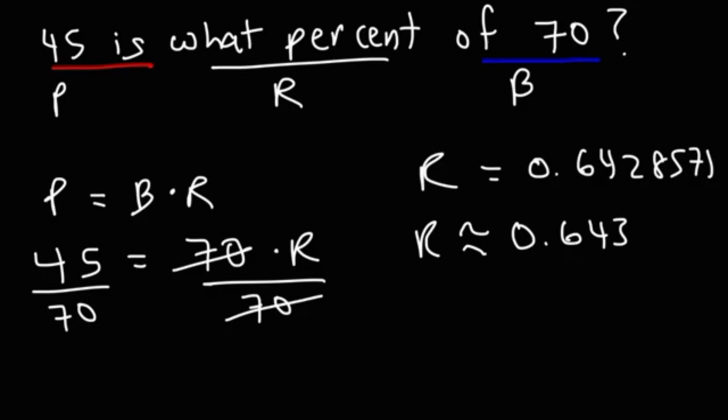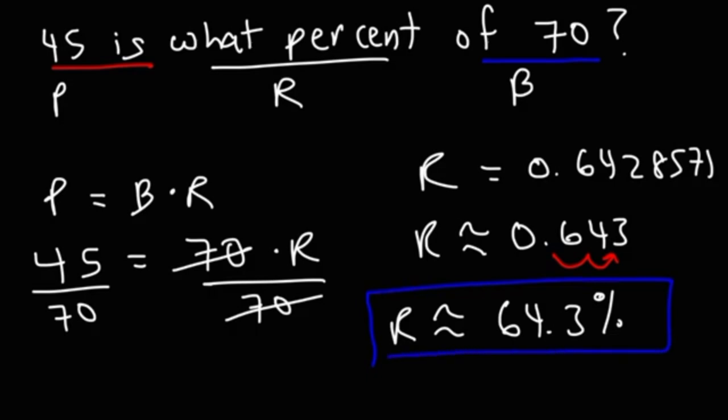To do that, you can multiply 0.643 by 100 or move the decimal 2 units to the right. So R is approximately 64.3%. So we could say that 45 is approximately 64.3% of 70. So that is our answer.